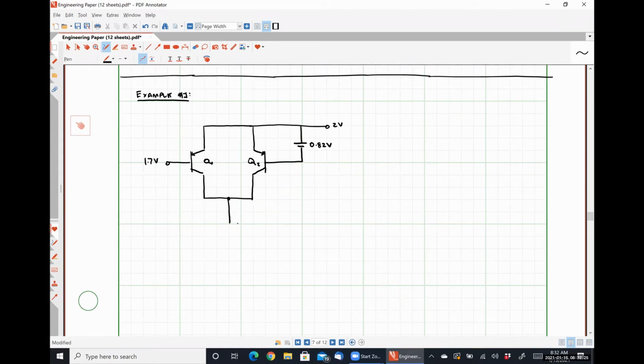Our ultimate goal here is to determine this current IX. The information that we are provided is that IS1 is equal to 3 times 10 to the minus 16 amps, and IS2 is equal to 6 times 10 to the minus 16 amps.